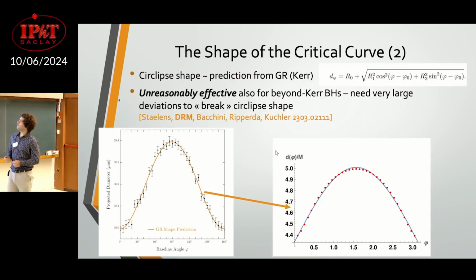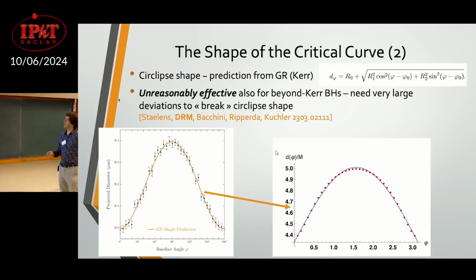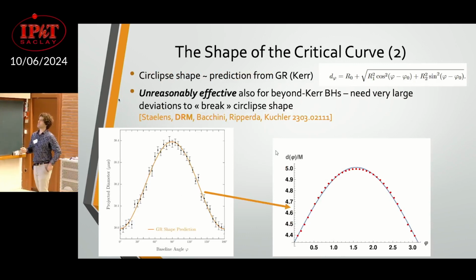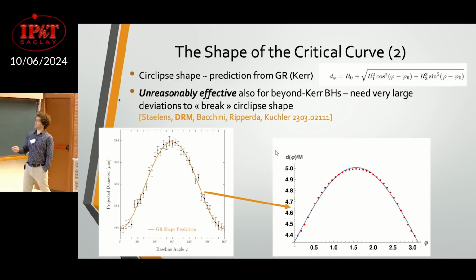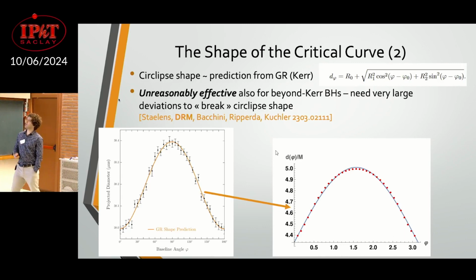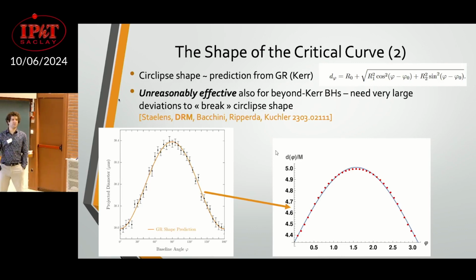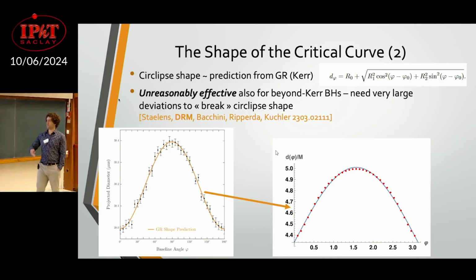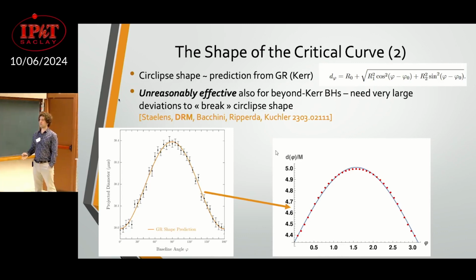But what we also showed in a paper last year, together with a bunch of plasma physicists and also my master student, Seppa, who's now in Cambridge, is that this is a nice consistency test of GR, right? Because you should find this circlipse function matching within 0.04%, which seems like a very rigorous test.